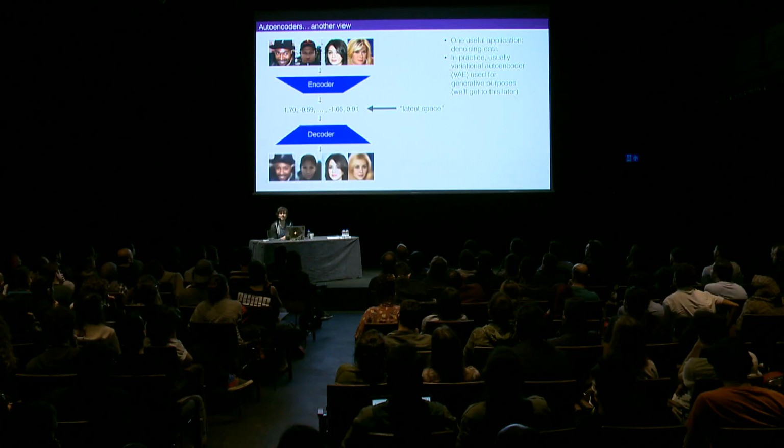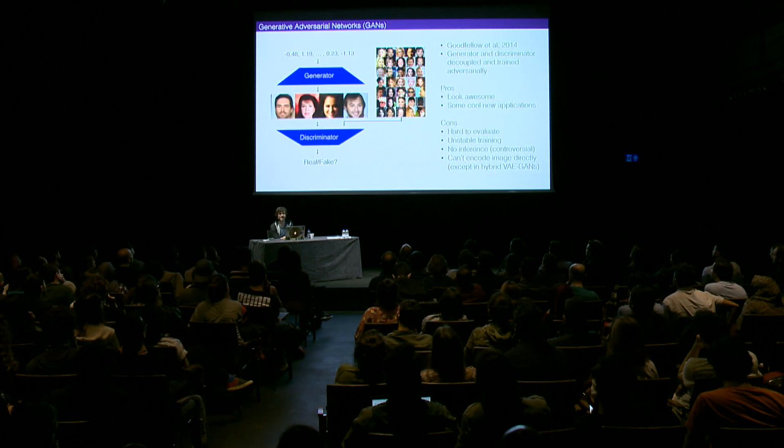There's kind of two categories of this. I don't have enough time to get into the details, but the two most prominent versions of these are called autoencoders and what are called generative adversarial networks.